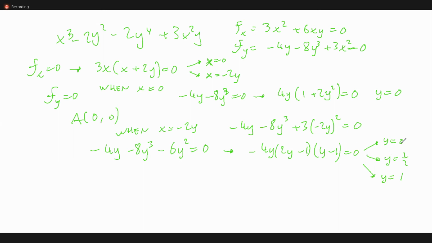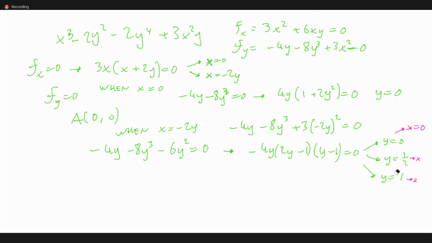When y is equal to 0, since we substituted x is equal to negative 2y, x is equal to 0. When y is equal to 1/2, x is equal to 1. And when y is equal to 1, x is equal to negative 2. Sorry, oops, I got these two inverted.